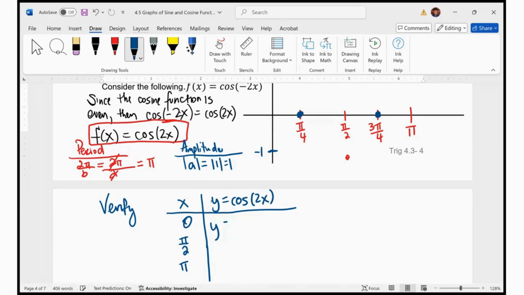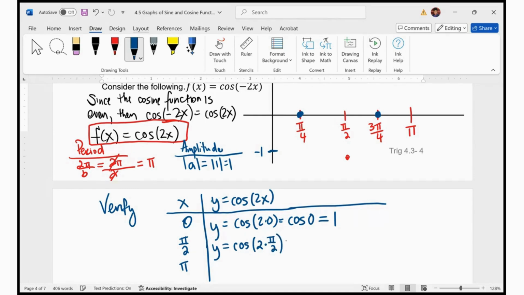Y equals cosine of 2 times 0 is cosine of what? 0. Cosine of 0 is 1. Thank you.